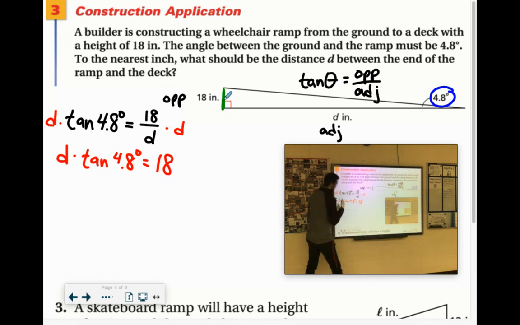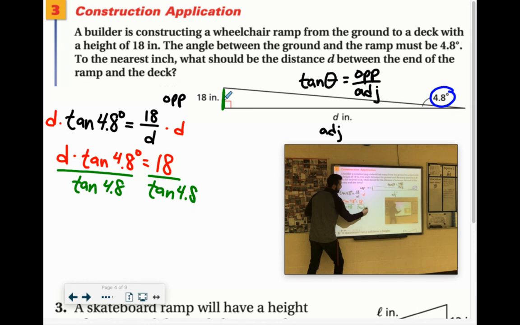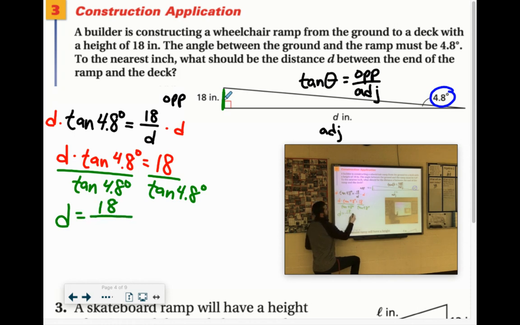And then you don't want the tangent over on this side, so we'll divide by tangent of 4.8 degrees on both sides. Now we are left with the distance equals 18 over the tan of 4.8 degrees.